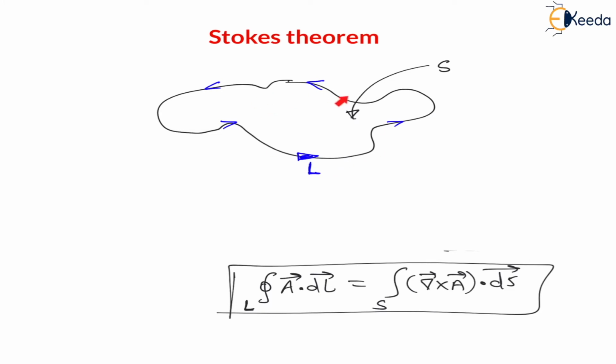Now on this closed path, if I consider a very small element, see how I am considering, a very small element like this, infinitely small, right?